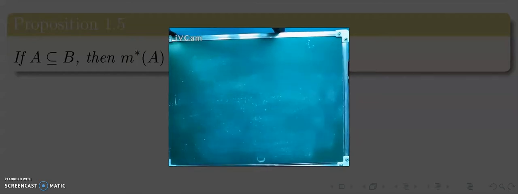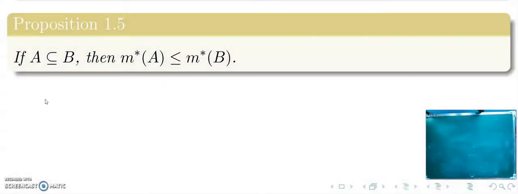Now in Proposition 1.5, we have this statement. If A is a subset of B, then the Lebesgue outer measure of A is less than or equal to the Lebesgue outer measure of B. As you can see here, this property is what we call the monotonicity property.